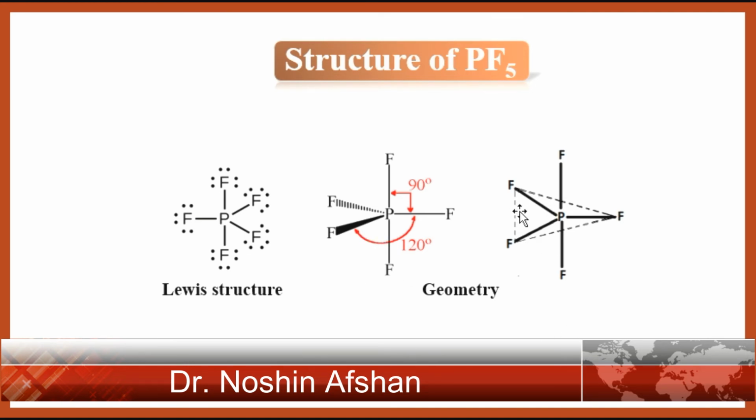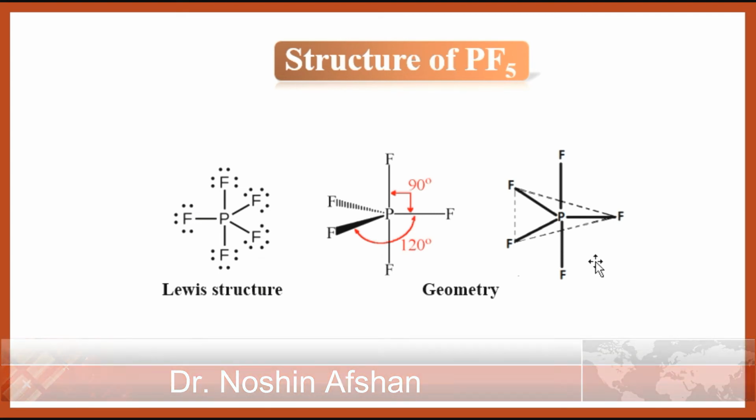Here, these 3 fluorine atoms at the equatorial positions make up a triangular shape, that is a trigonal, and these 2 fluorine atoms at the axial positions form a bipyramid. Hence, the geometry of this molecule is trigonal bipyramidal.